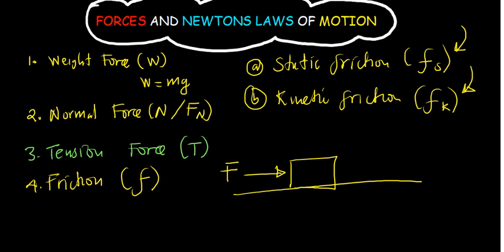Before it starts moving, there is a static friction acting on this object in that direction. So when you start applying a force, this object will not just start moving. Not until you reach a certain value that is going to overcome this static friction. That is when the box is going to start moving. But as long as you have applied a force that is smaller than the static friction, it will not move.